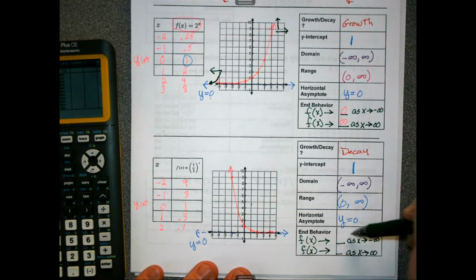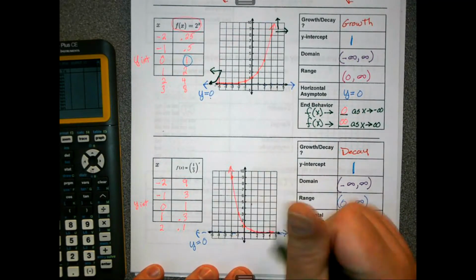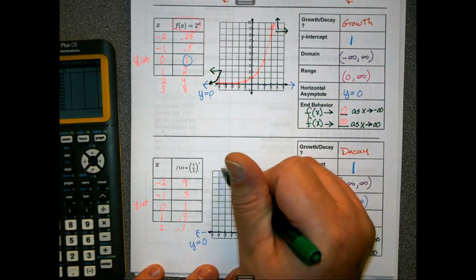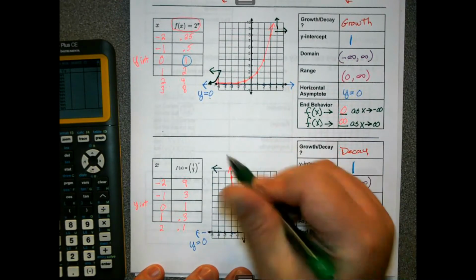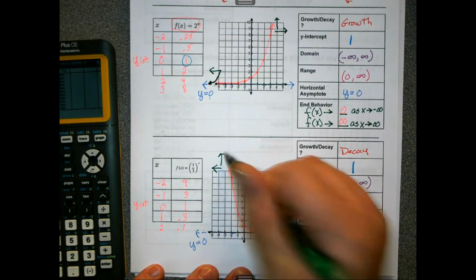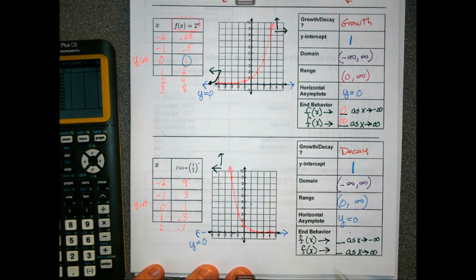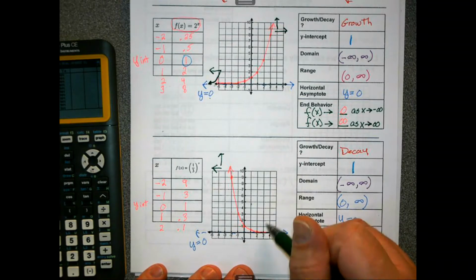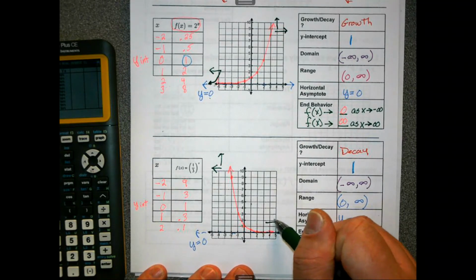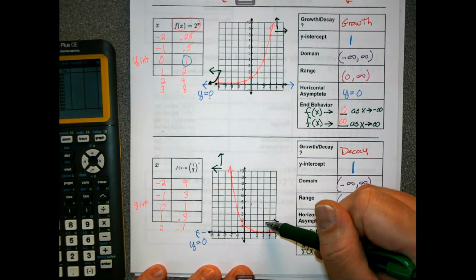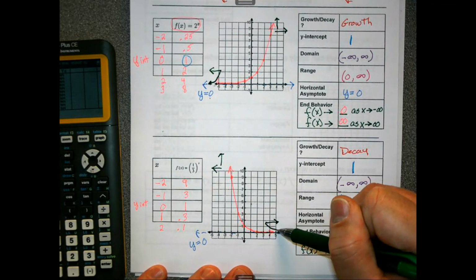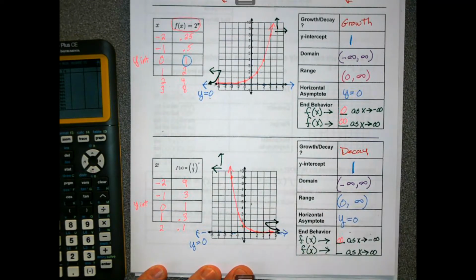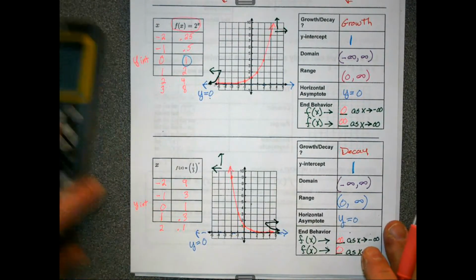Okay, as x goes to the left, so we're looking at the end here, my y, good. As my x goes to the right, again, it's trying to reach that 0.